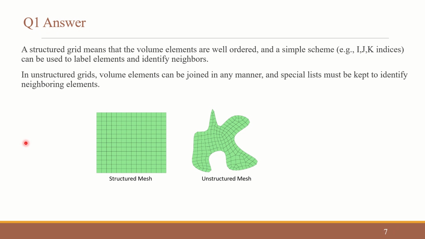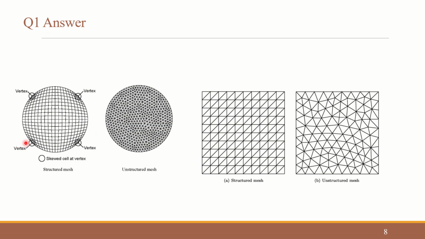Now we will see a few more examples. So this is a sphere, and here we are able to see a structured mesh arrangement. We are able to see ordered volume elements, but the issue we will face is near the vertex. This is not really a sphere, it is kind of a circle, a two-dimensional thing.